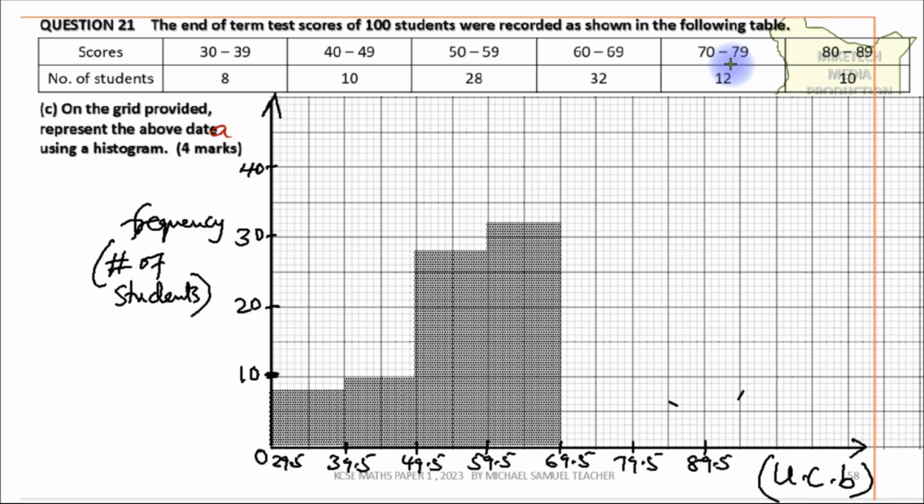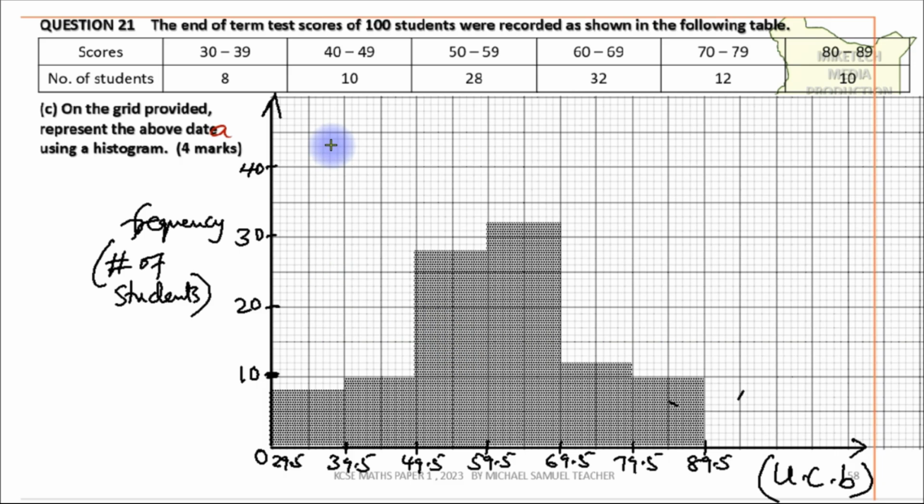Then 69.5 to 79.5 is 12, so at 12 this particular point. Then lastly 79.5 to 89.5 is 10. Now that is okay. So this is the histogram we have drawn for the above data.